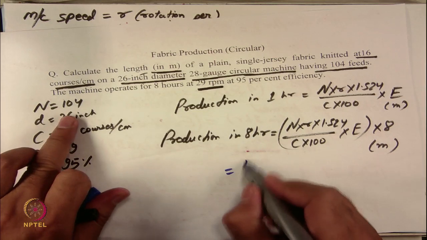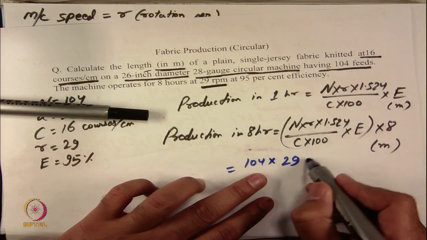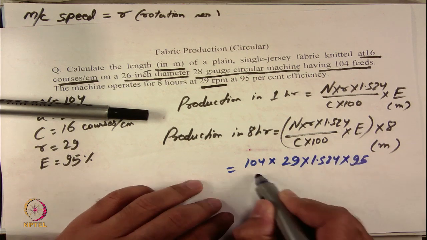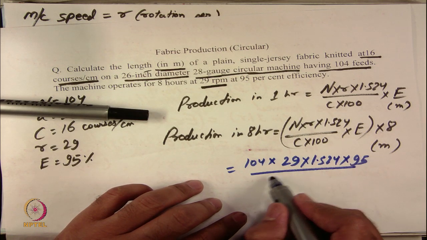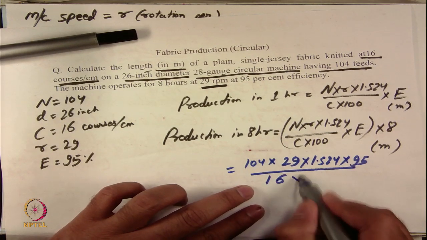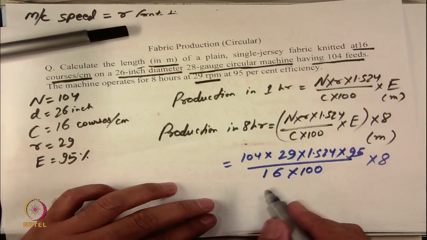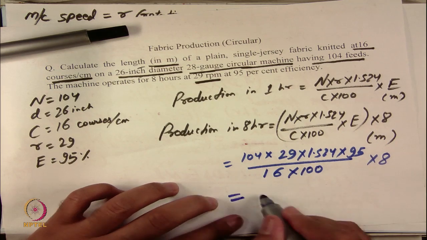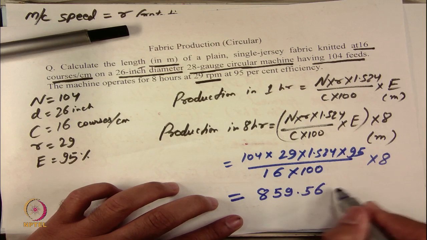So, you can simply get these values. N is 104, R is 229 into 1.524, E is 95, C is 16, so 16 into 100 into 8. Okay. So, if you simply calculate, this will give you 859.56 meter.